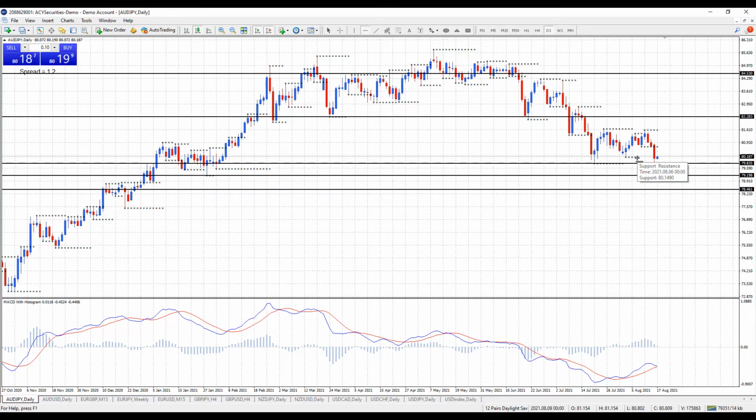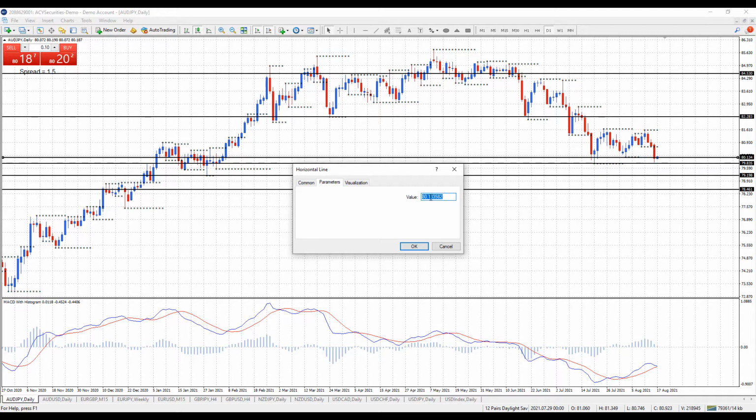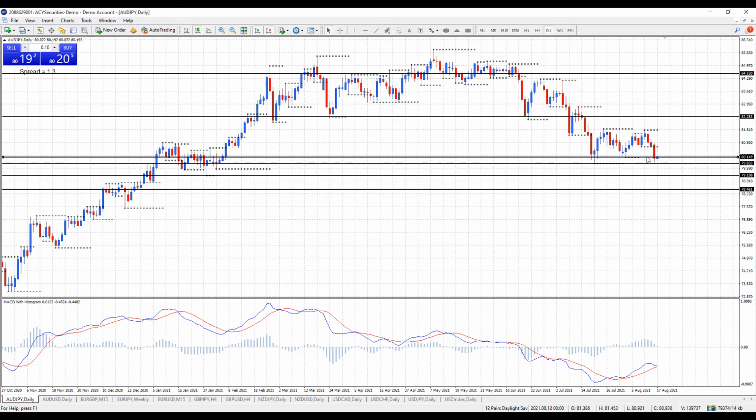This is immediate support here that we're testing at 81.49. And then resistance is this broken level of support at 87.02.